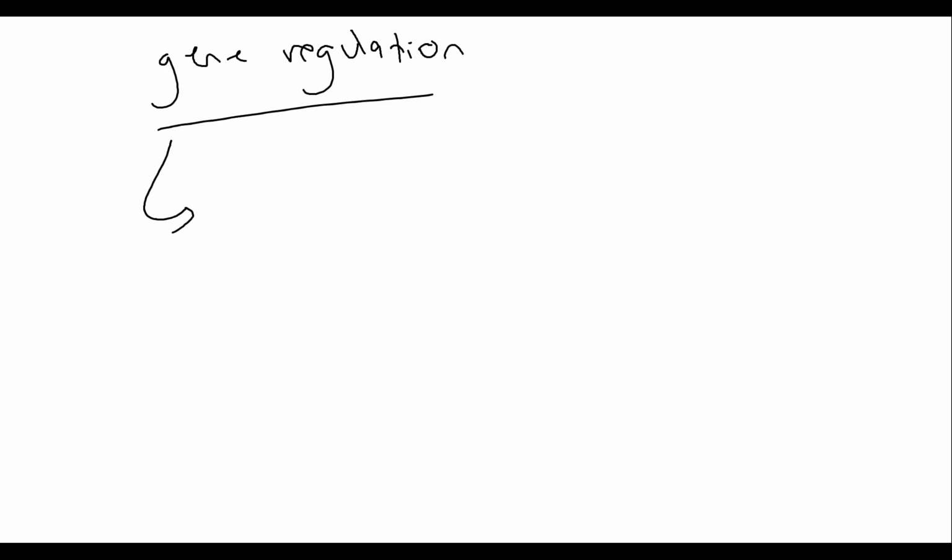Okay, another thing. I want to speak about something in gene regulation of eukaryotes. We have two kinds of genes. We have the constitutive genes and we have the facultative genes.